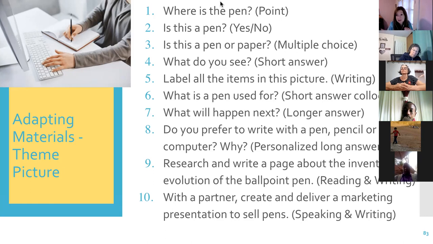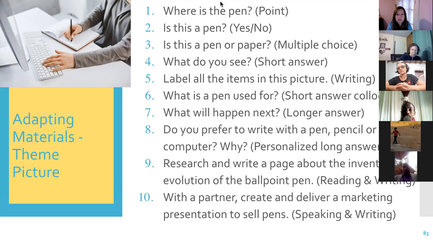And then they have to say the word pen. Further up, you can say, what do you see? And they can say pen, paper, computer. Okay, so that's a little bit higher.